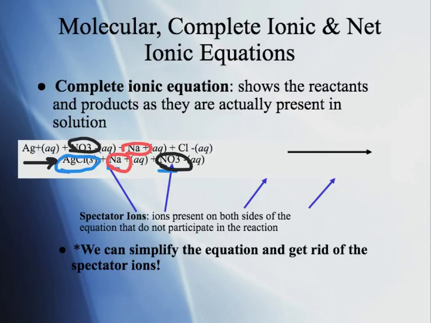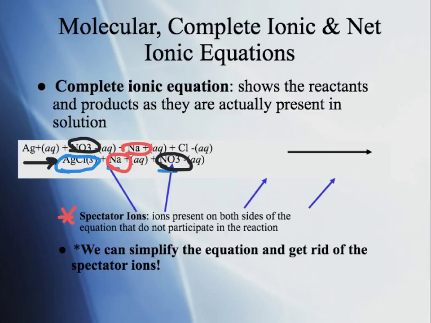So basically that just means they're hanging out there the whole time. They're what we call spectator ions. They don't do anything. They're just hanging out going, yep, I'm still not attracted to you. So they're spectator ions. They have no place in the chemical reaction. They don't matter, in essence.